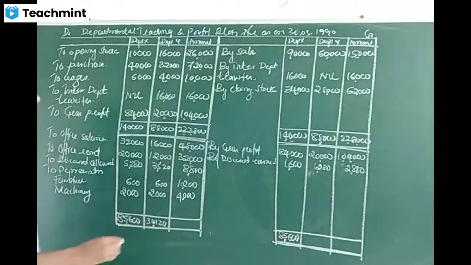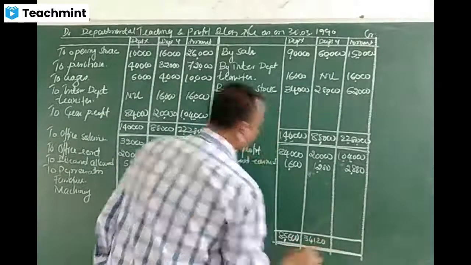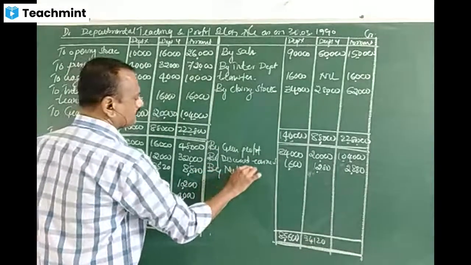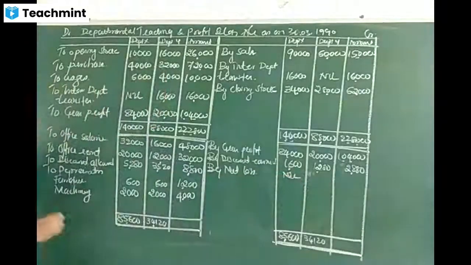Okay, 34,120 by net loss, to net profit.